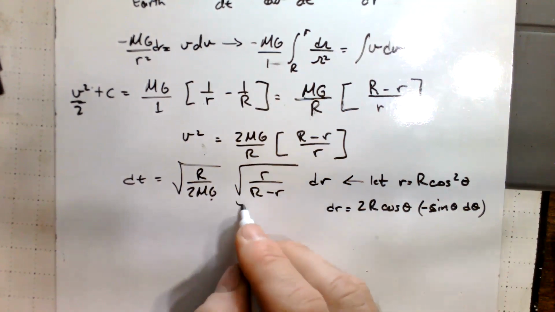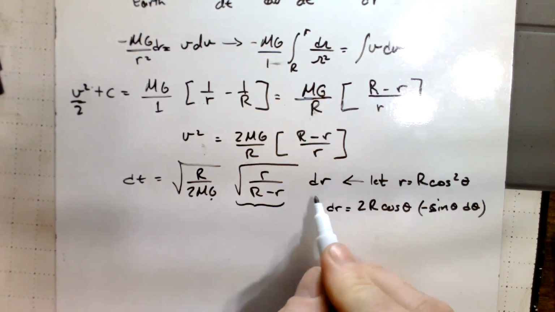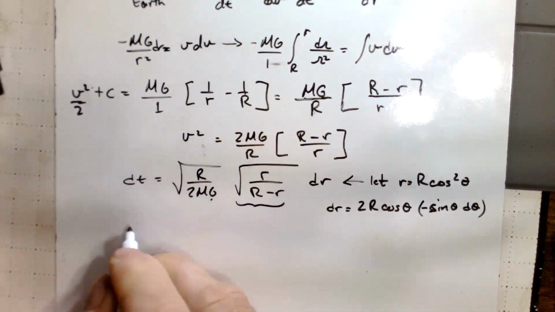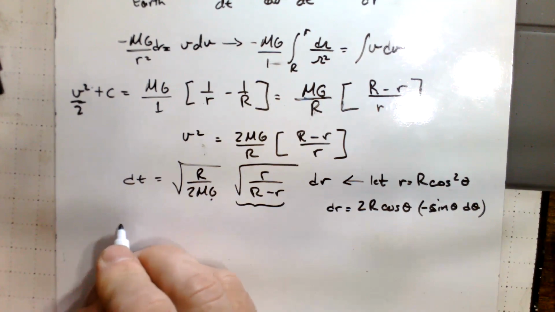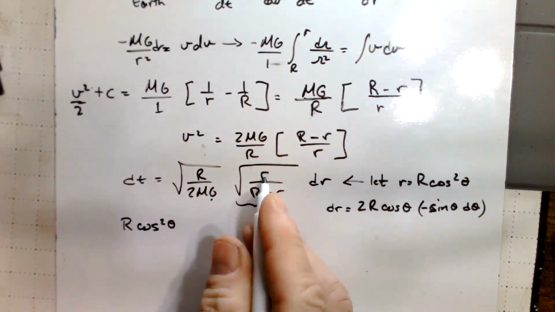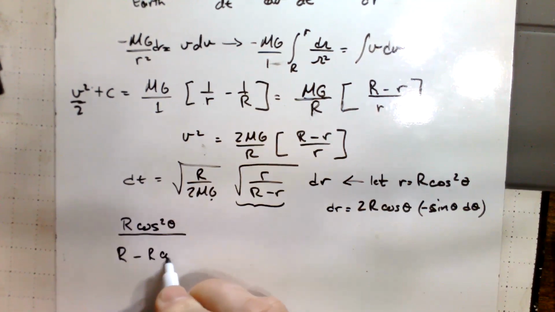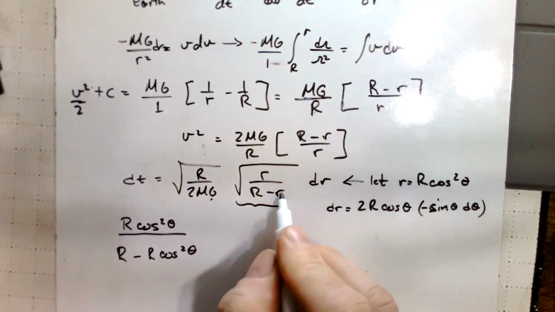And I'm going to really focus in on this part right here before I plug in the dr, just to simplify this piece, and then we can plug everything back in. So this is going to be R cosine squared theta, that's the lowercase r, divided by R minus R cosine squared theta, plugging in for r.